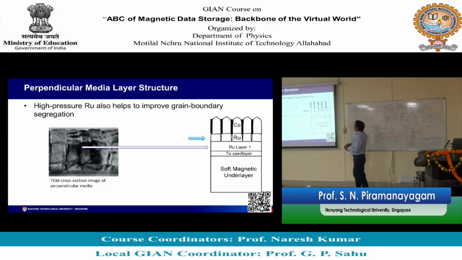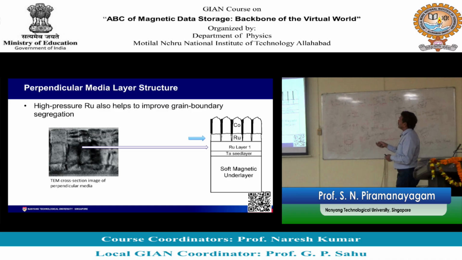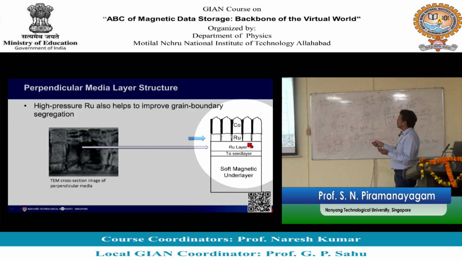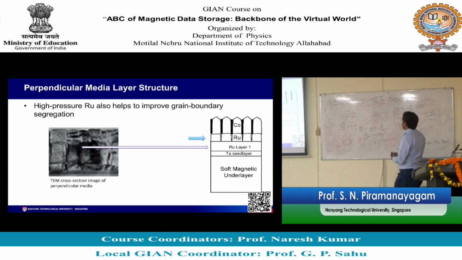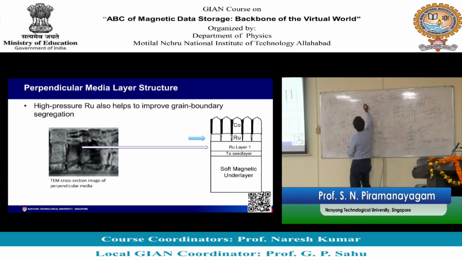But why not this alone? Why do we need low pressure? Because if you try to grow high pressure ruthenium on top of some seed layer, the C axis alignment will be random. So you need low pressure ruthenium for better C axis texture, and you need high pressure ruthenium to get this grain separation.